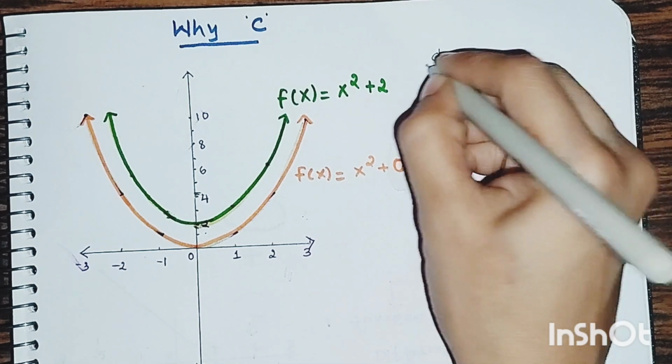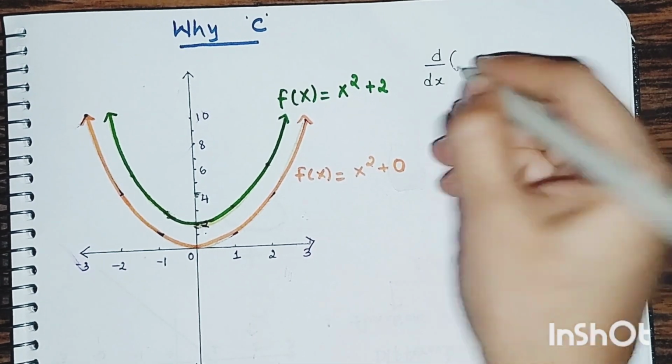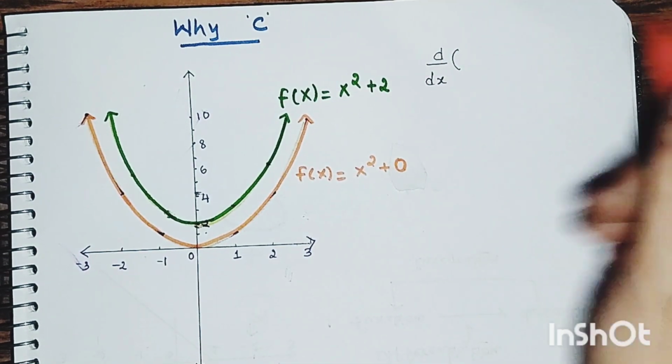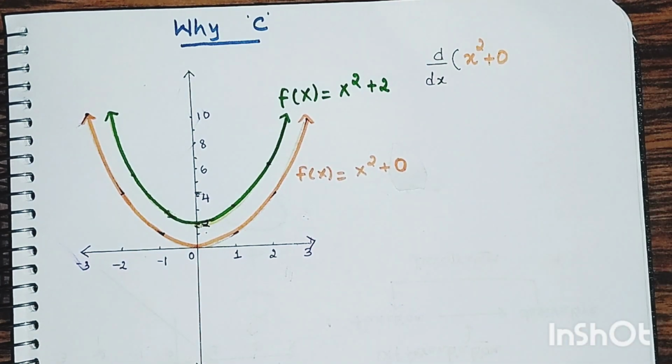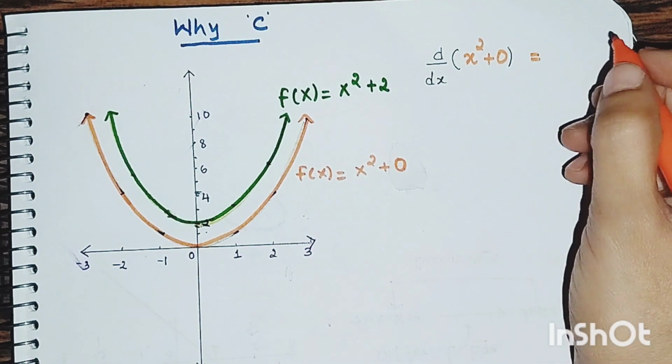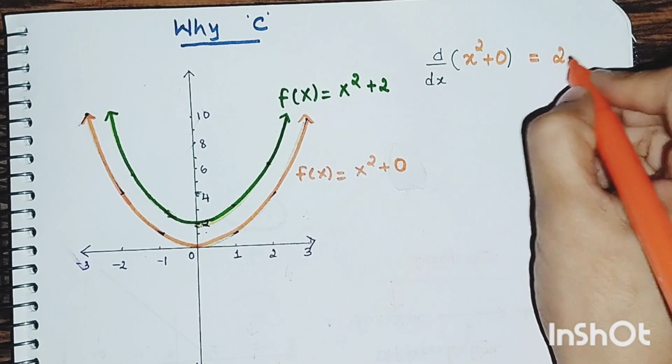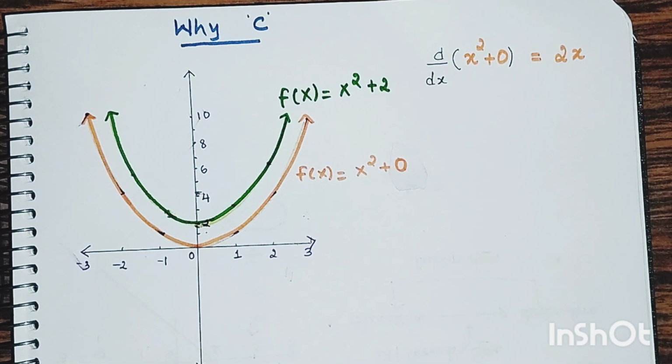So here, if you differentiate the function x square plus 0, what exactly do you get? If you differentiate x square, we get 2x, right?